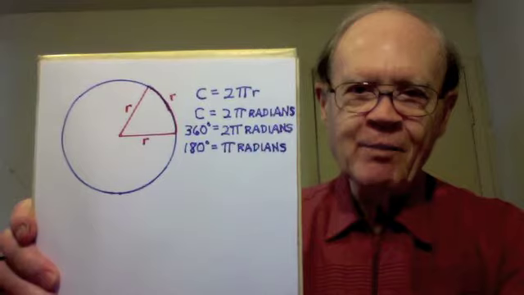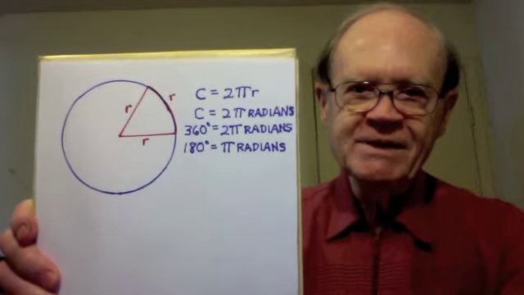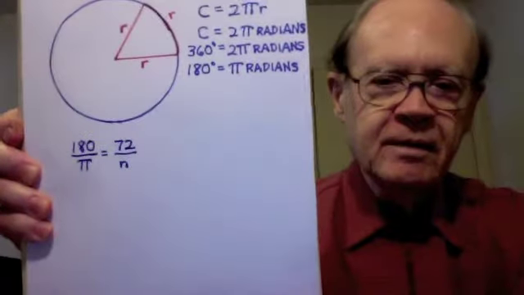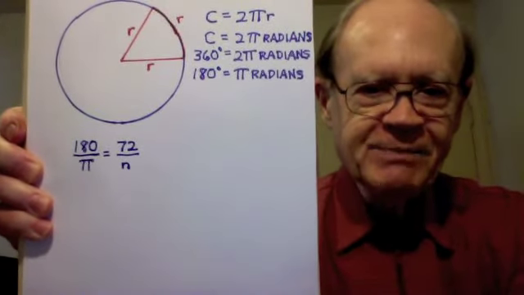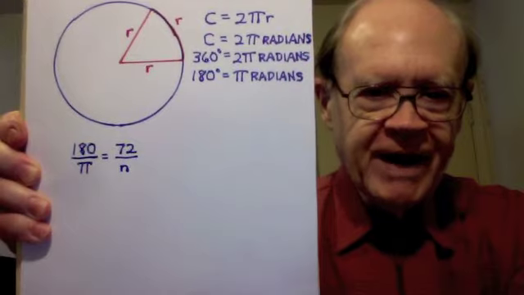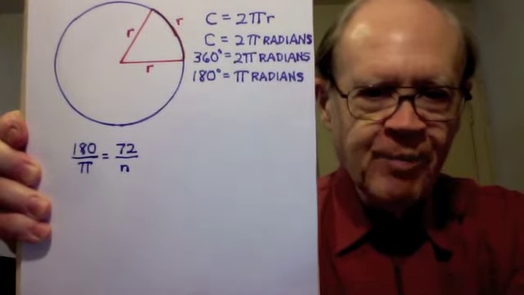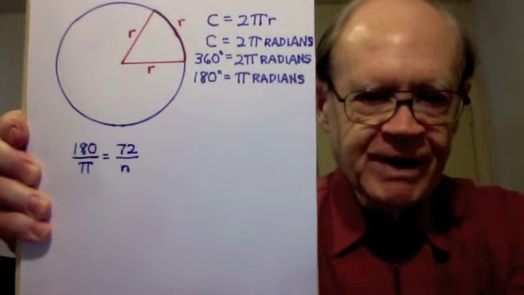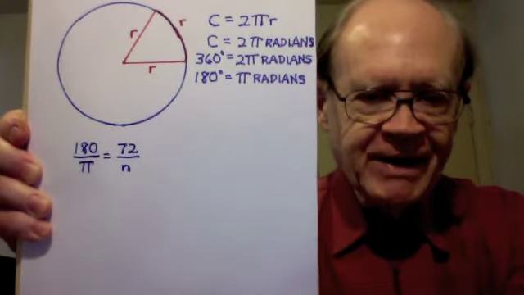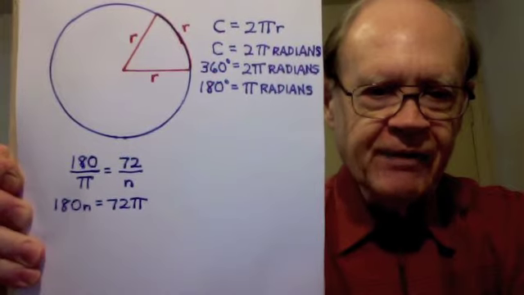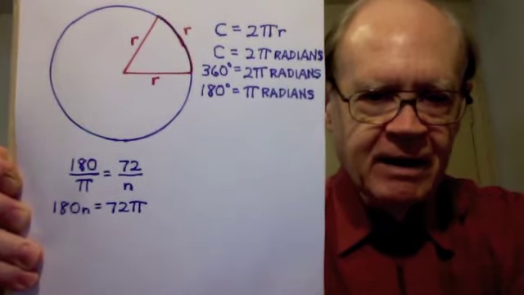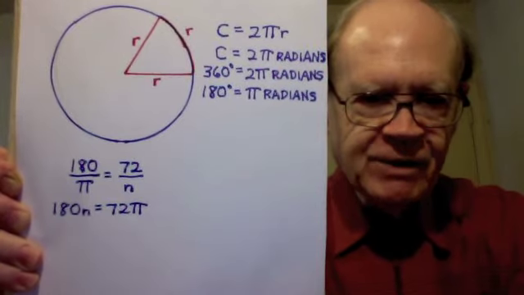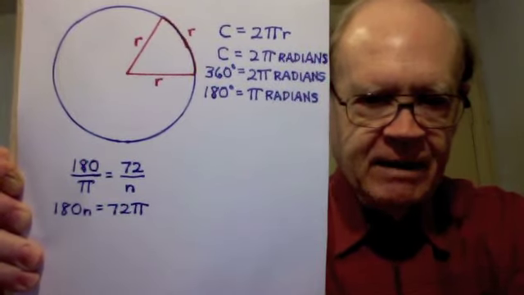The first follow-up question, 72 degrees equals how many radians? To answer that question, I can set up this proportion, 180 degrees over pi radians equals 72 degrees over n radians. I can solve that equation by cross-multiplying, giving me the equation 180n equals 72 pi.